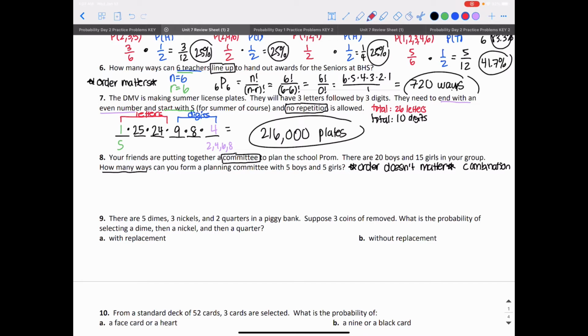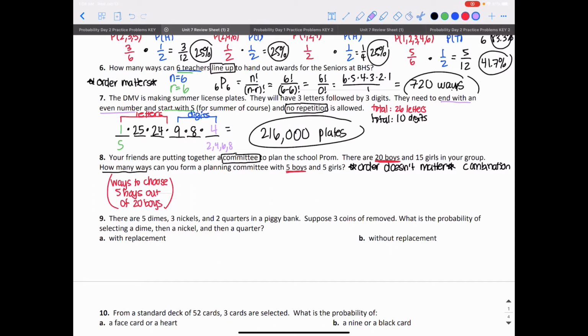There are 2 categories here. So I have boys and I have girls. I'm going to look at those two things separately because they're separate categories. So I have 20 boys to choose from, and I want to choose 5. So what I want is to find the ways to choose 5 boys out of 20 boys. And that's one category.